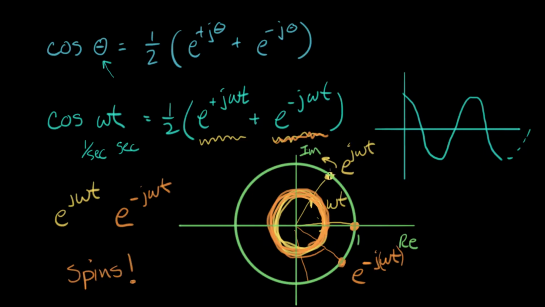They both spin in a complex space. And to represent those in mathematical notation, I need this kind of notation here, which is a little bit awkward. But as I get used to it, e to the j omega t is a spinning number. E to the minus j omega t is a spinning number. This is an amazingly powerful idea, and we'll be able to describe every signal that happens using these kind of terms.